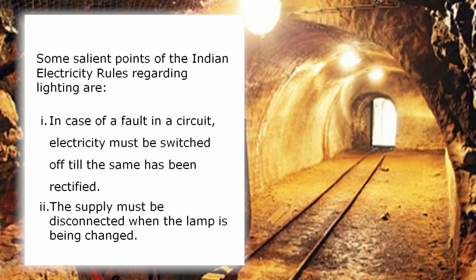Next, some salient points of the Indian Electricity Rules regarding lighting are: first, in case of a fault in a circuit, electricity must be switched off till the same has been rectified. Second, the supply must be disconnected when the lamp is being charged.